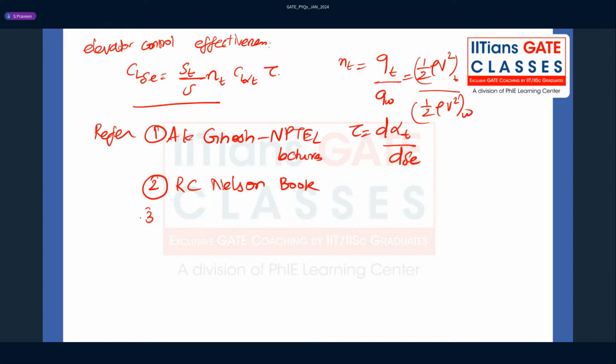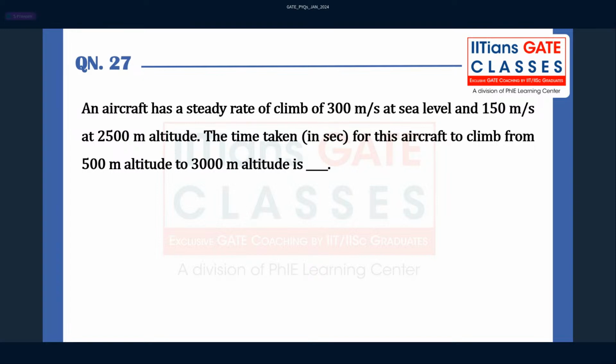Just search it in Google. And another thing is Parkinson Hedge. Refer these two books and this lecture. That will help you to go through this derivation, right? So if not else, let me go ahead. Okay. Right. So take this question.